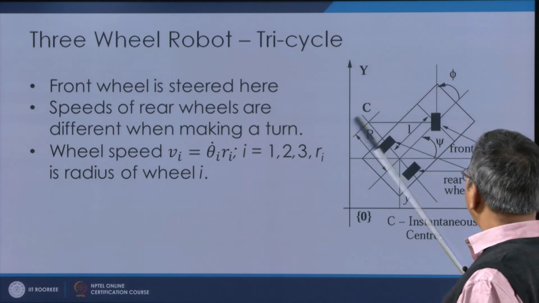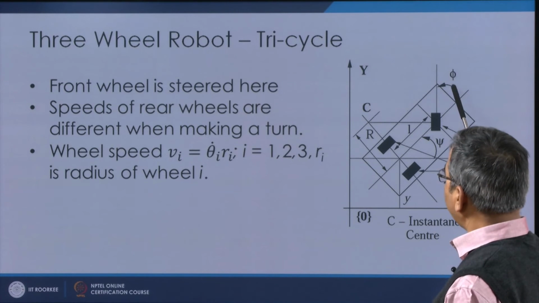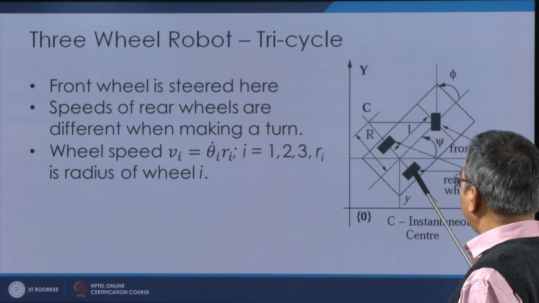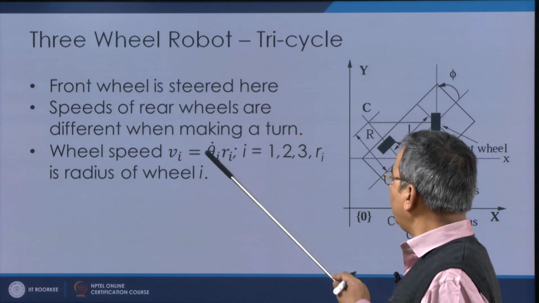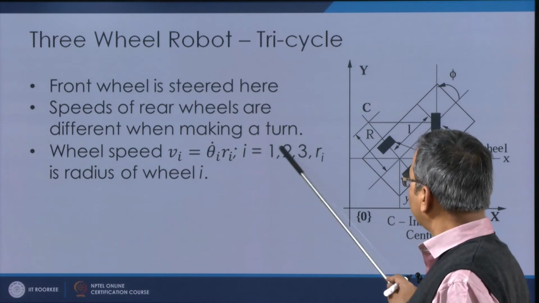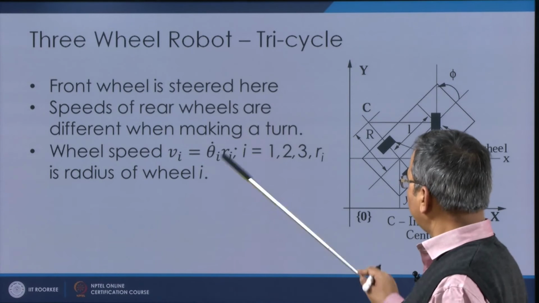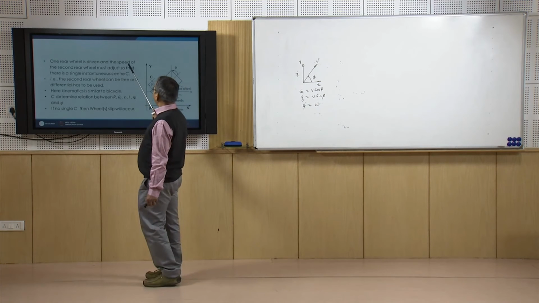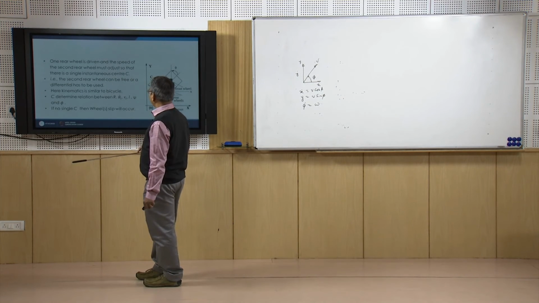Now, as we have seen in the previous case, the front wheel is steerable here, it is steered, and the speeds of the rear wheels are different, of course, when they are making a turn, okay. And we can represent the wheel speed for each wheel by say r theta i dot, where of course i is equal to 1, 2, 3 for different wheels, and r is the radius of the ith wheel. Now, here we can see that one rear wheel is driven and the speed of the second rear wheel must adjust so that there is a single instantaneous center of rotation, okay.